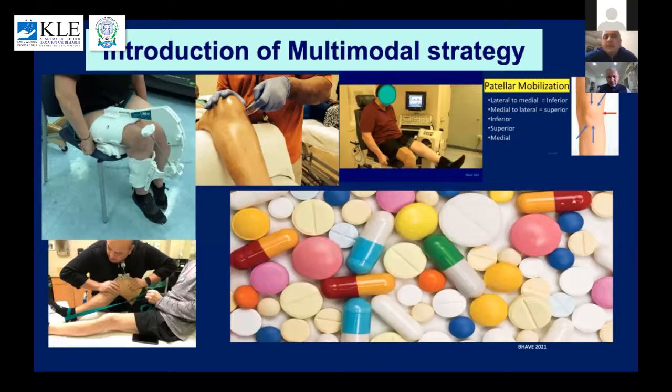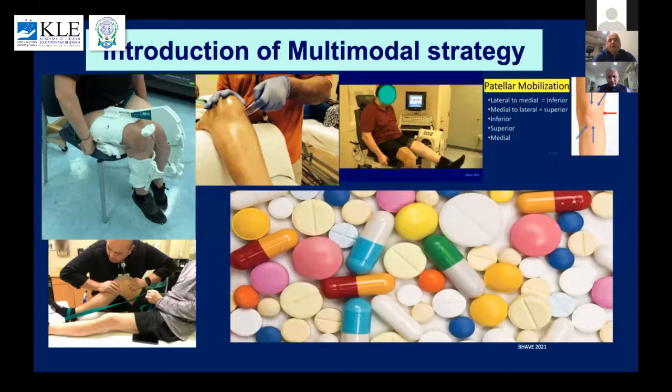Unfortunately, in physical therapy, I see this happen too many times, where we go to these courses for manual therapy, for this device, that device, and then we become certified in certain things, and we believe that that technique can solve all problems.